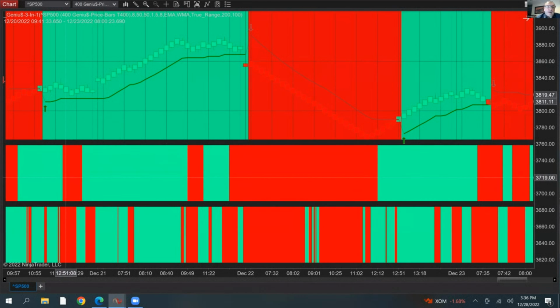If you are not flat, in other words, if you did not take a profit, then if the trend on both subcharts had changed in the opposite direction of the master trend, then you hedge your existing trade.